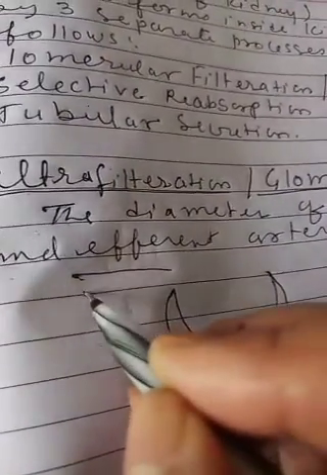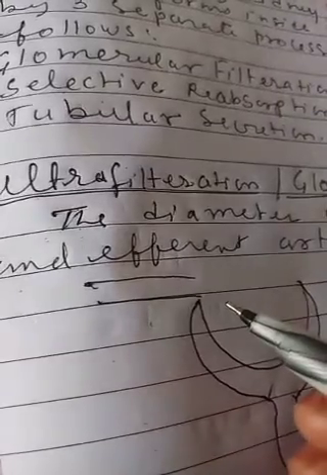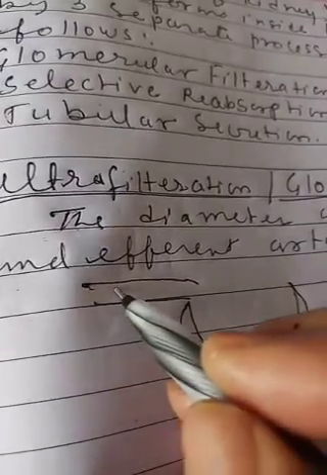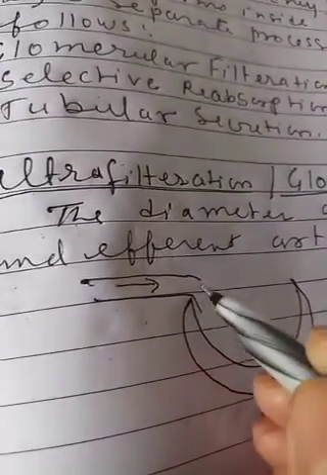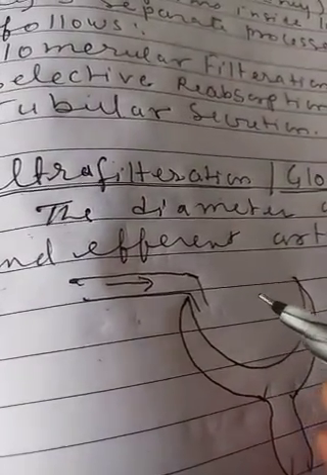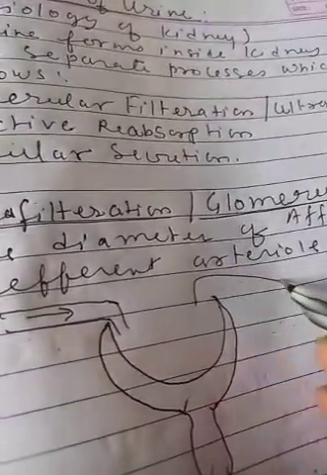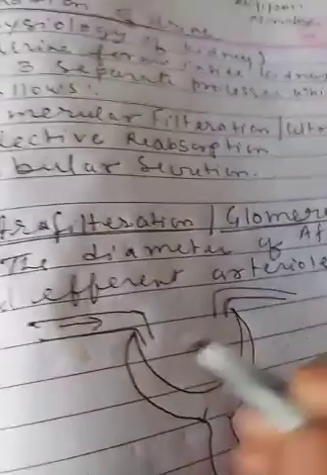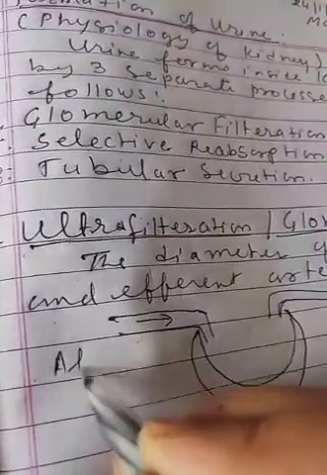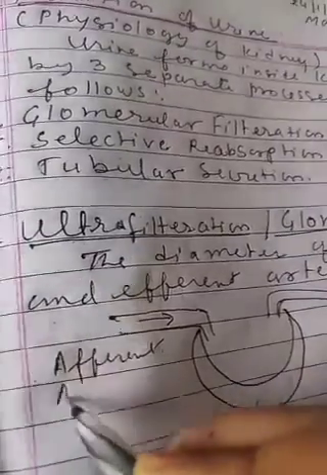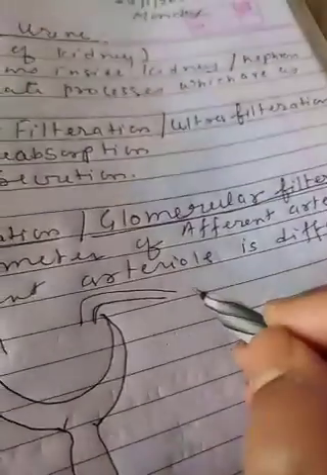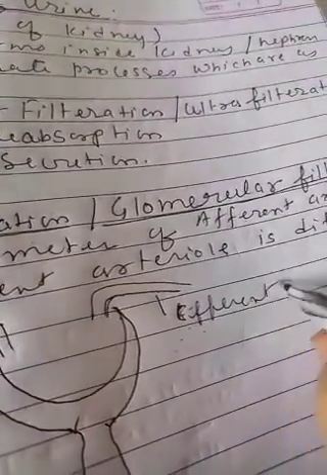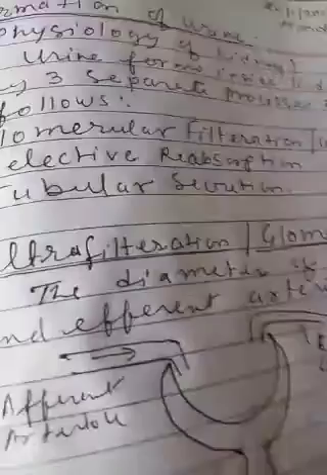Afferent arteriole is broad, large. The diameter of afferent arteriole is large or broad, and the diameter of efferent arteriole is narrower. This is afferent arteriole and this is efferent arteriole. Clear?